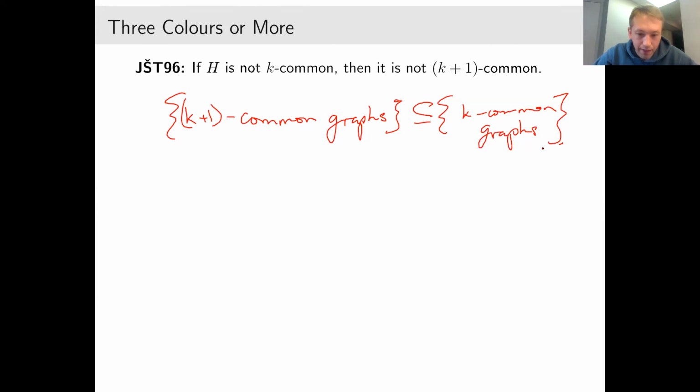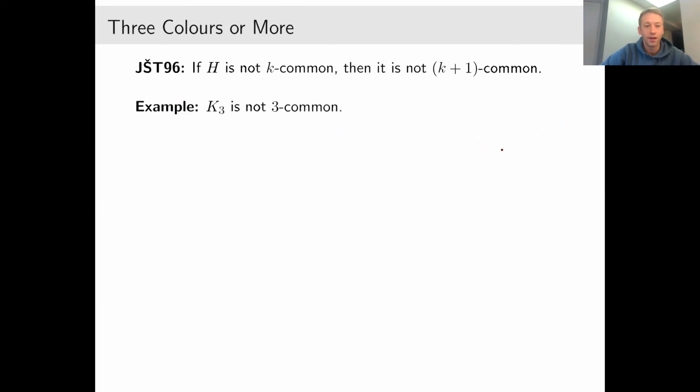To illustrate that this inclusion can be strict for certain values of k, let me tell you that the graph K3 is not 3-common. Remember, Goodman proved it's 2-common, but it's not 3-common. The example is pretty simple.